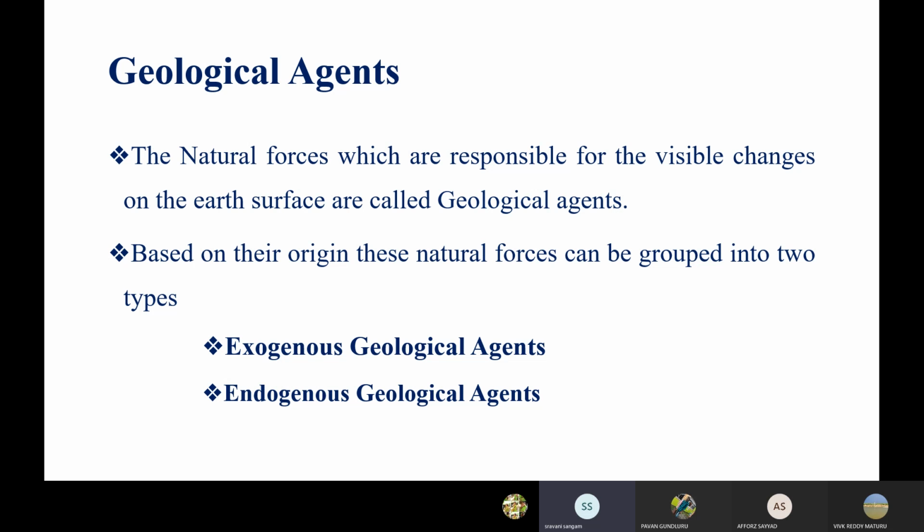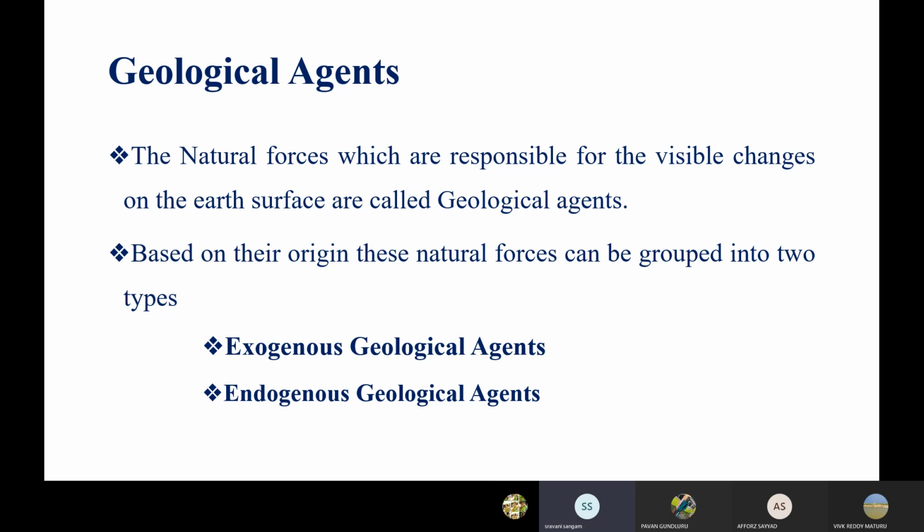The natural forces which are responsible for the visible changes on Earth's surface are called geological agents. Geological agents means the natural force. When a natural force acts on the earth surface, the type of force whose effect we can see on the earth surface, we call it geological agents.